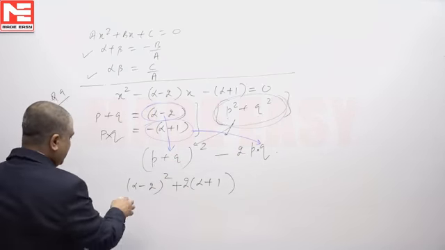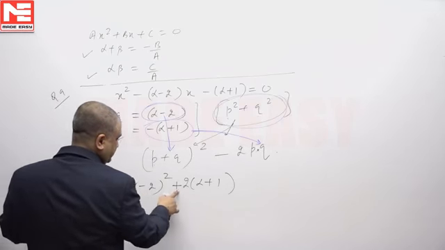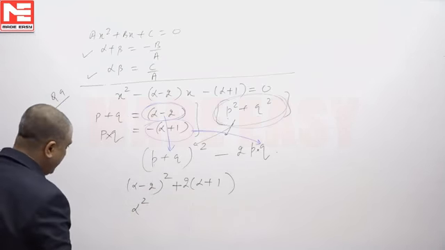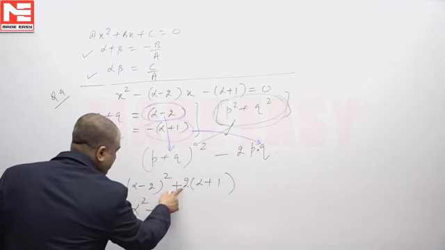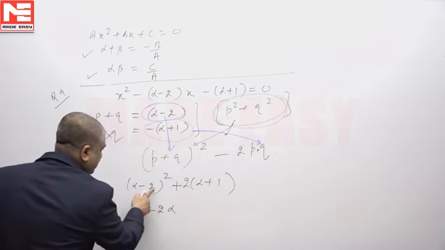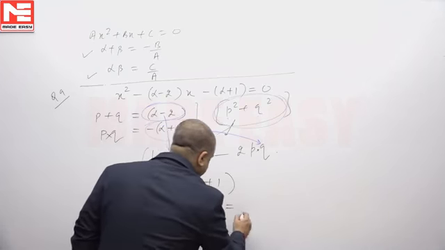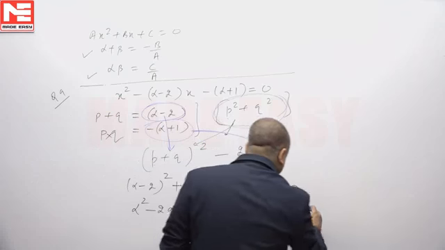So here we have alpha square minus 4 alpha plus 2 alpha, which will be alpha square minus 2 alpha, and plus 4 plus 2 will be equal to 6, which I can directly write as (alpha minus 1) whole square plus 5.